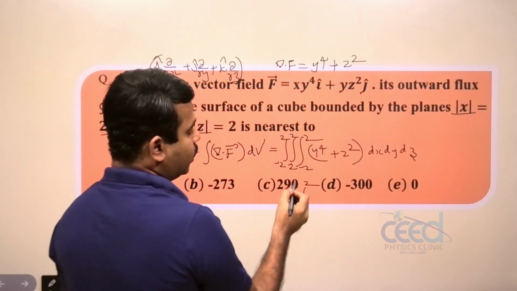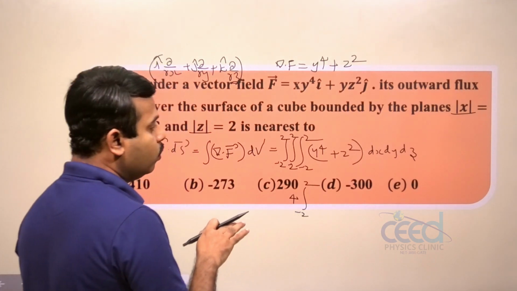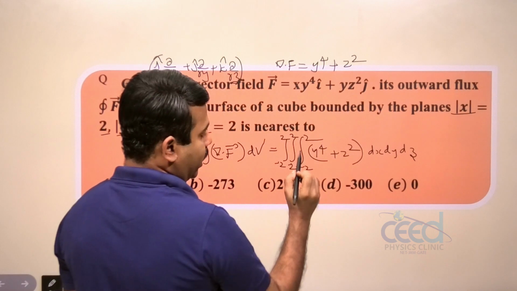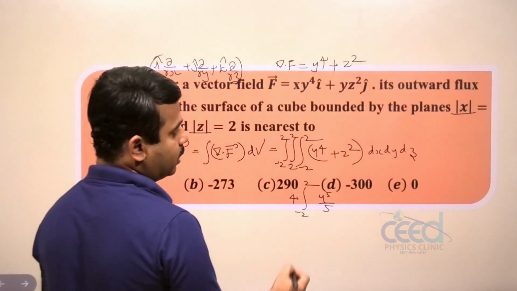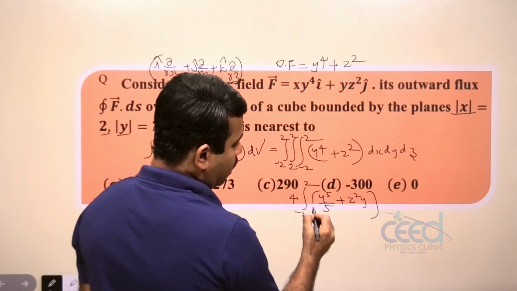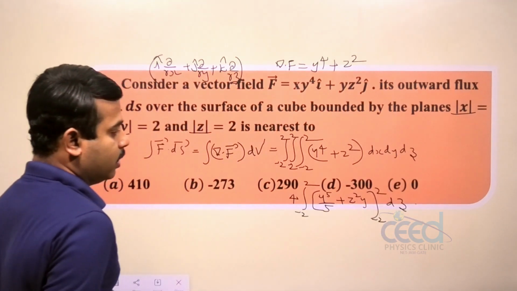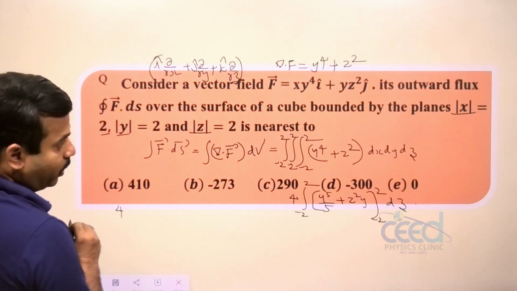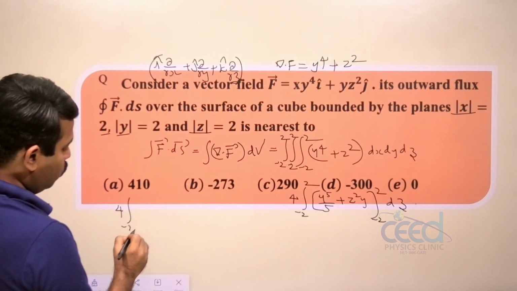Now with respect to y: y^5 divided by 5 plus z^2 y, from minus 2 to 2, then dz only remains. Now apply the limits: 4 into the integral from minus 2 to 2.